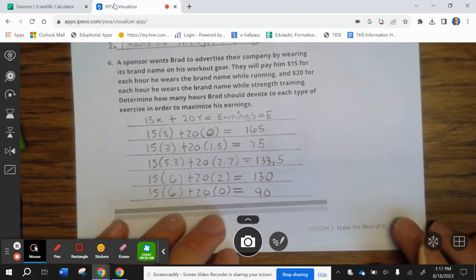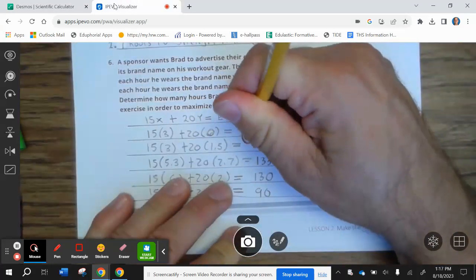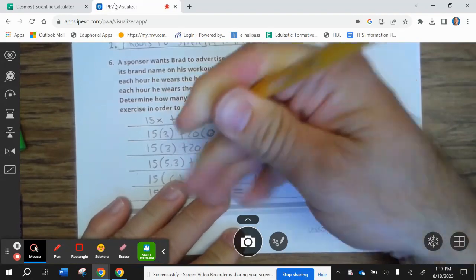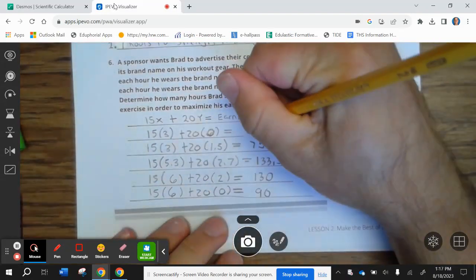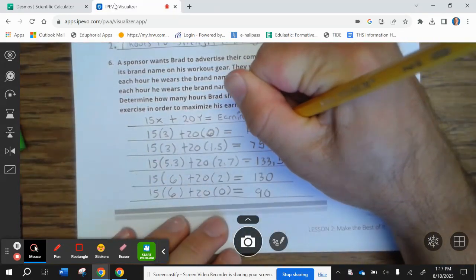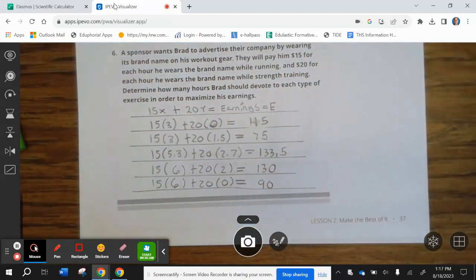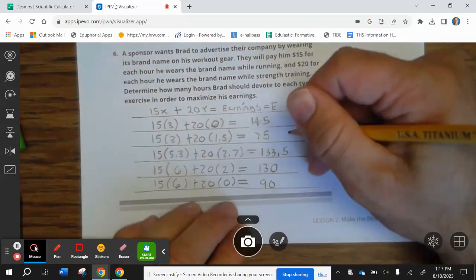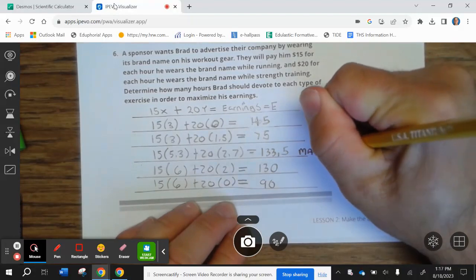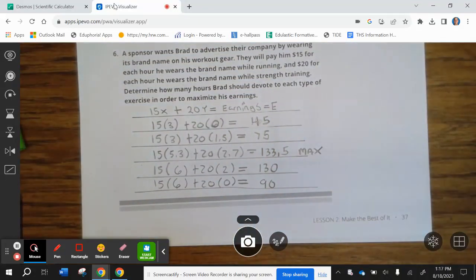It happens sometimes when you're working problems. Sometimes mistakes happen, and it's important to go back, double check, and try to catch your mistake. Okay, so you'll see here that this is your max value right here.